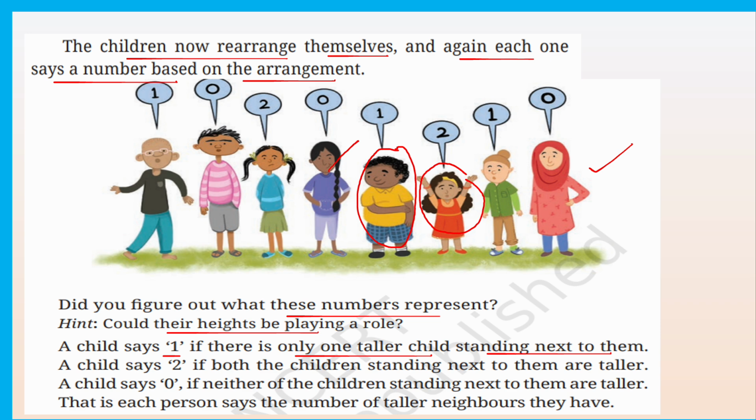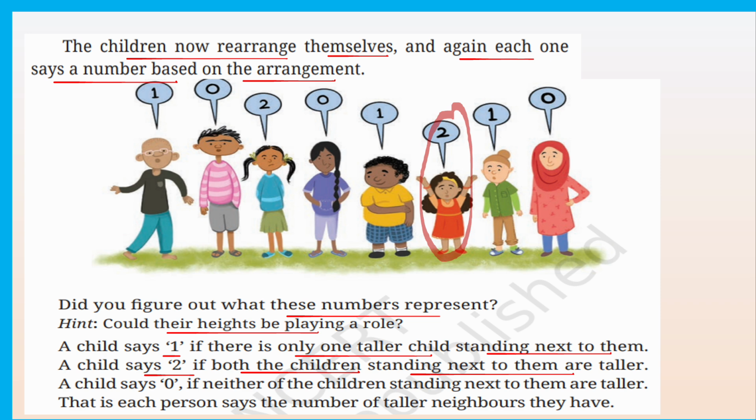Then, a child says 2 if both the children standing next to them are taller. So, when does a child say 2? A child says 2 if both the children standing next to them are taller. See this girl? She says 2.